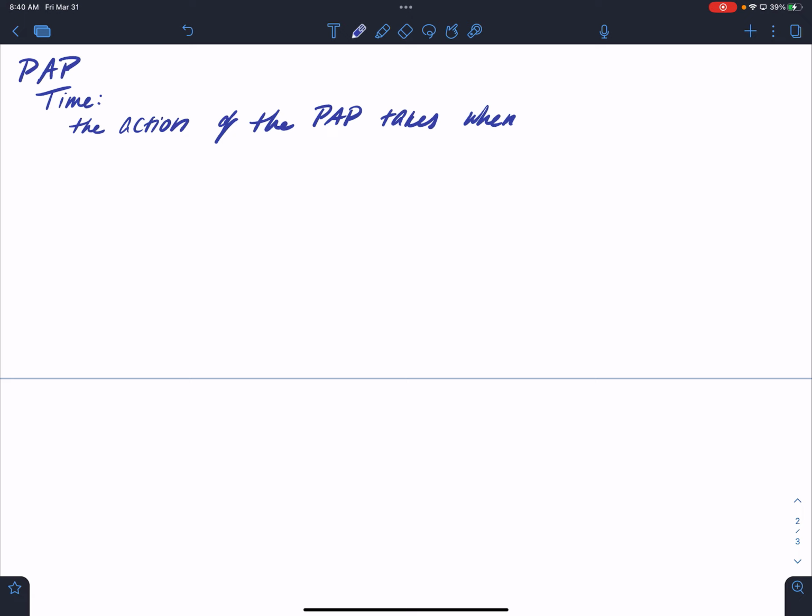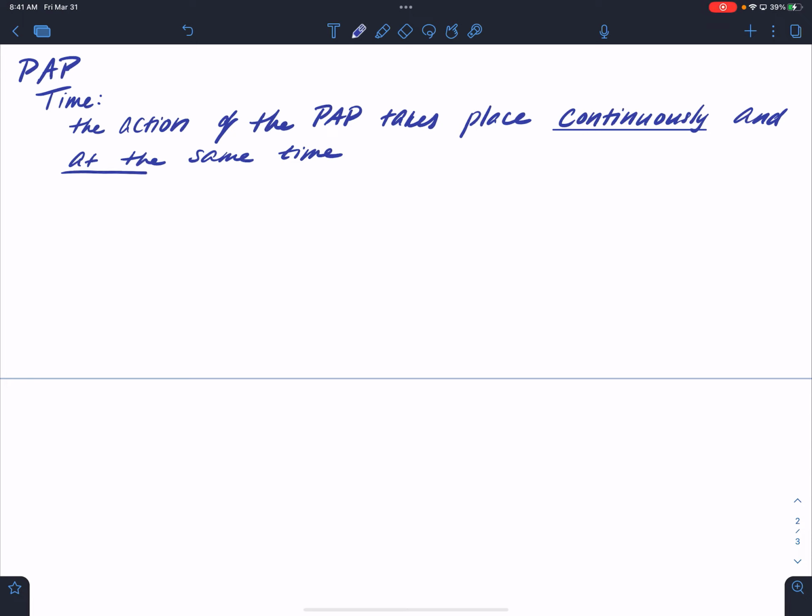At the same time. Okay, so the action of the PAP takes place continuously and at the same time as the action of the main verb.